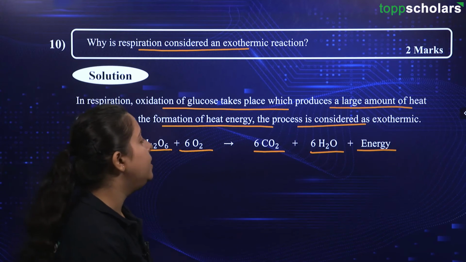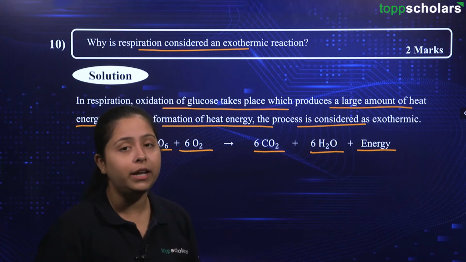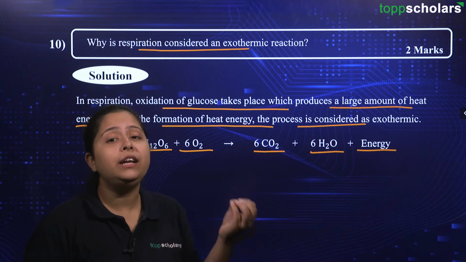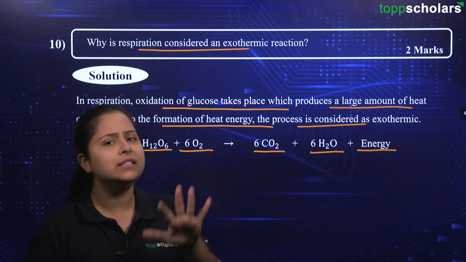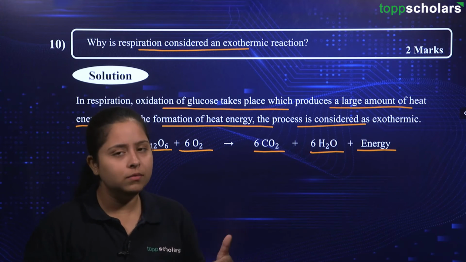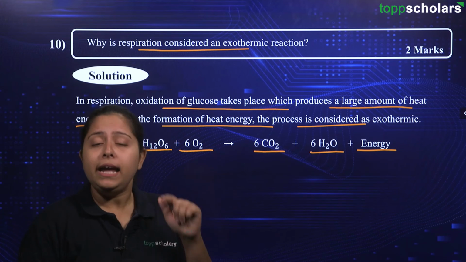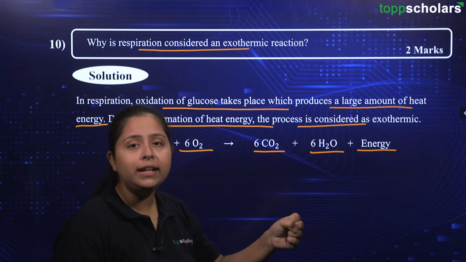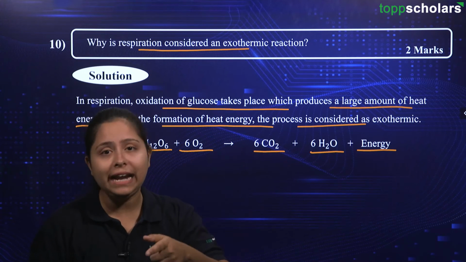Over here, only energy is written because in our body, the release of that amount of heat energy will lead to destruction of the tissues and the cells in our body indeed. That's why in our body, we will not have this heat energy. We will be quickly storing that form of energy in the form of ATPs.